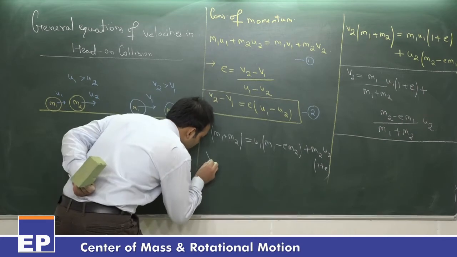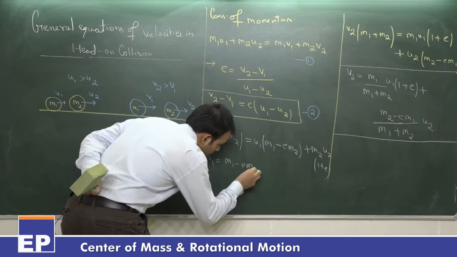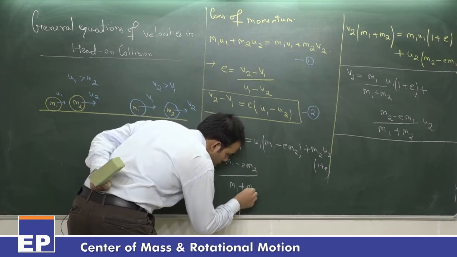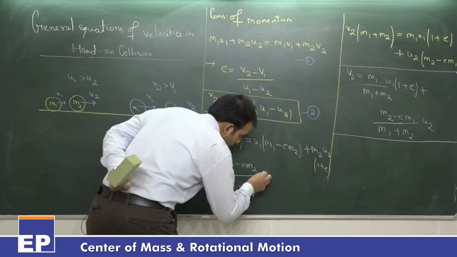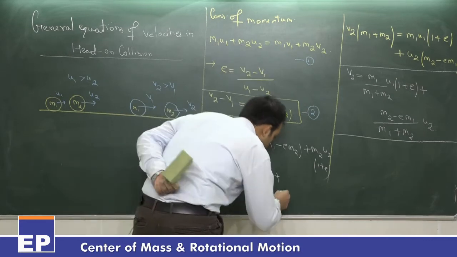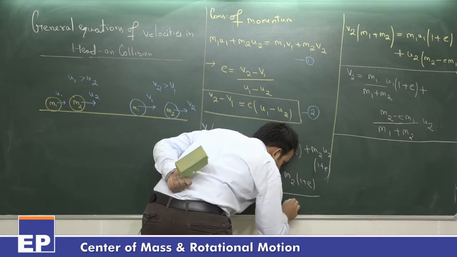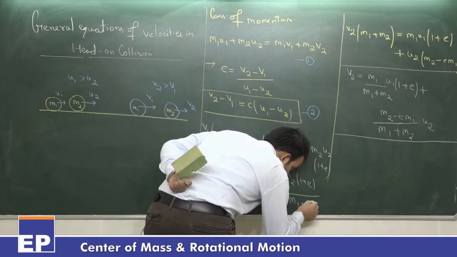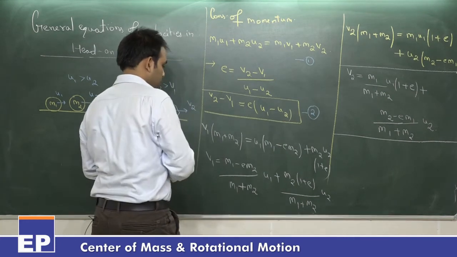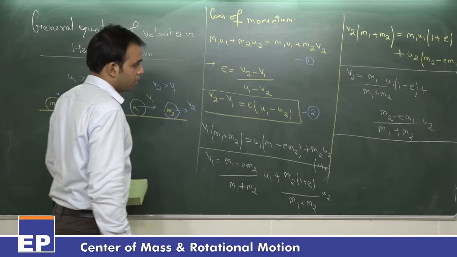So what is the value of v1? v1 is m1 minus e m2 by m1 plus m2 into u1. And what is the value of this? It will be m2 into 1 plus e by m1 plus m2 into u2. This is the value of v1, right?